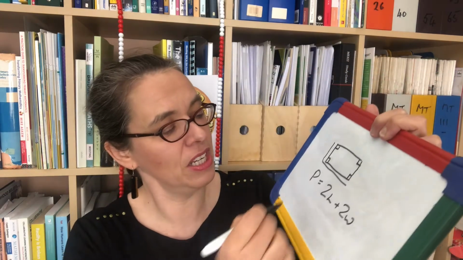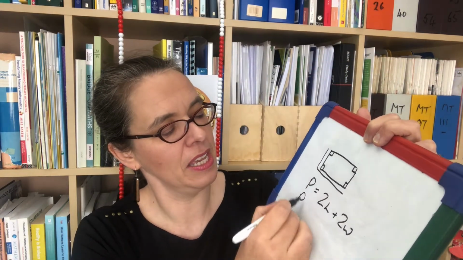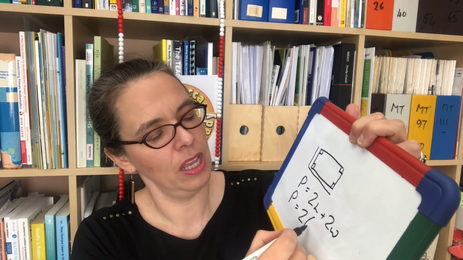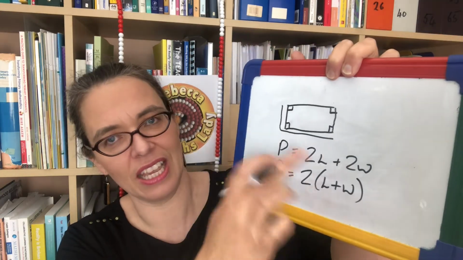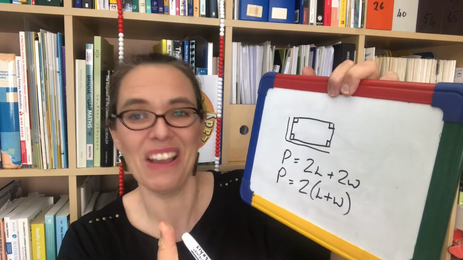That would be fine, but it could also be P equals 2(L plus W) for the child who's seeing it this way. And hopefully the children will be able to see what each other sees. Then you can find some perimeters using that formula, so you don't necessarily have a diagram anymore. You might have word problems which describe that there's a rectangular shape in the word problem and what the length and the width of it is.